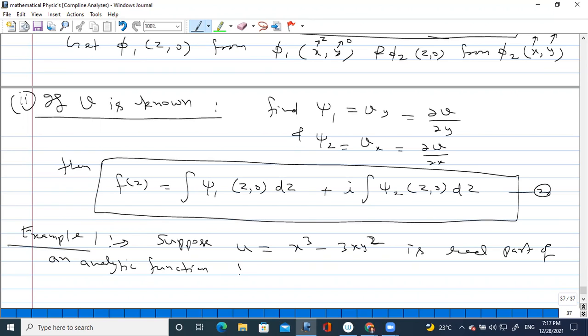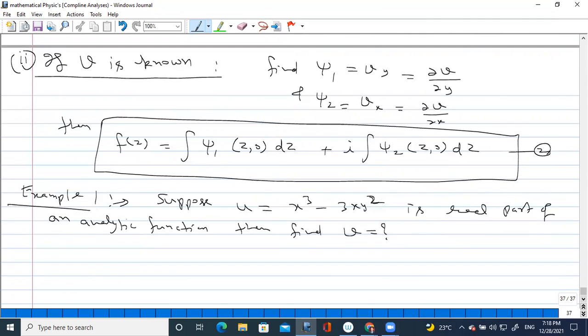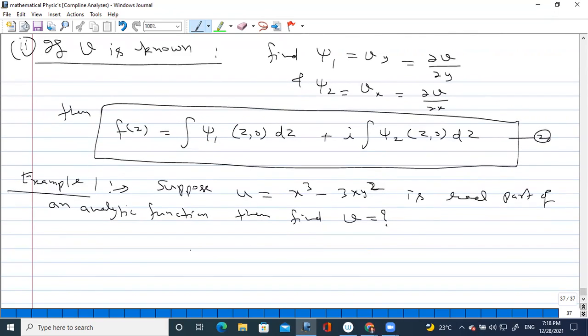Then find v. This is the question. So directly you find f(z), and whatever is the imaginary component, that will become v.